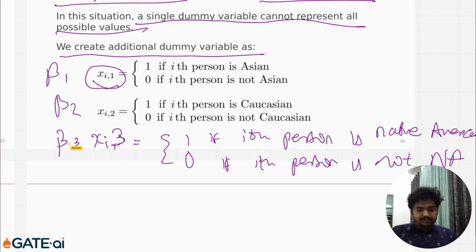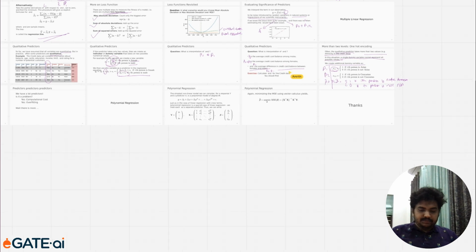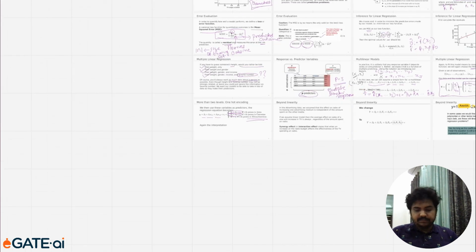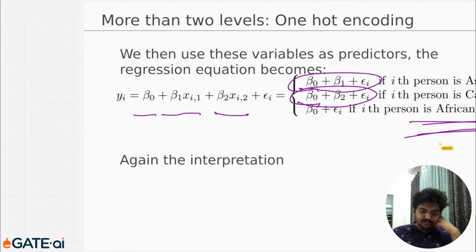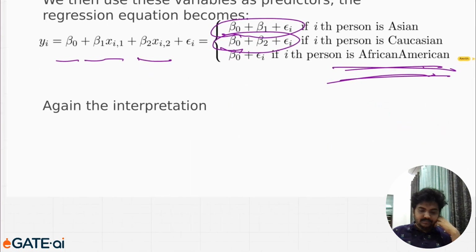What the slides suggest is that we can assume the third scenario to have no coefficient at all, because it is more efficient. When we don't have a 1 or 2, we can say that the person belongs to the third ethnicity, which is the African American ethnicity.